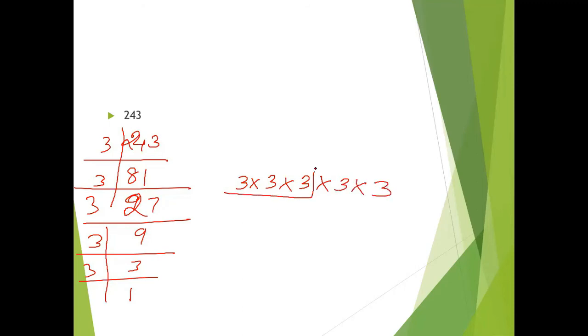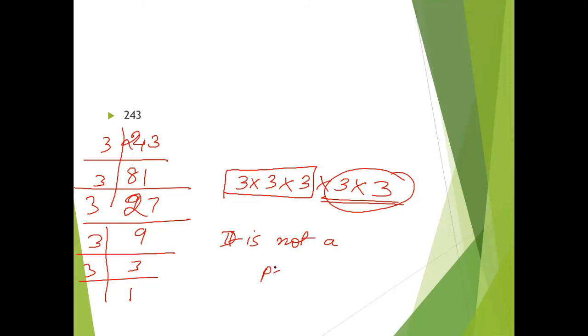Okay. These 3 will make a group. Here we have only 2. So it is not a perfect cube. Okay, moving to our next example, 9000.